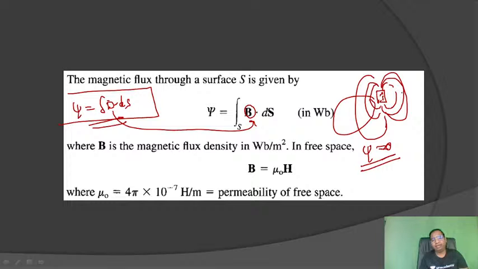If you want to break the north pole and south pole apart, a monomagnetic pole will not exist. Why? Because if you take the magnet and break this bar, you will get a north pole and south pole in each piece, right? We can't isolate the north pole separately and the south pole separately. So the net flux is always 0. That means phi can be taken as 0, the integration of B dot ds.